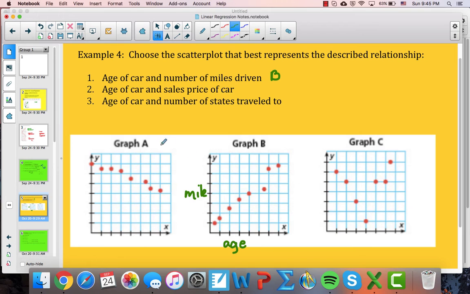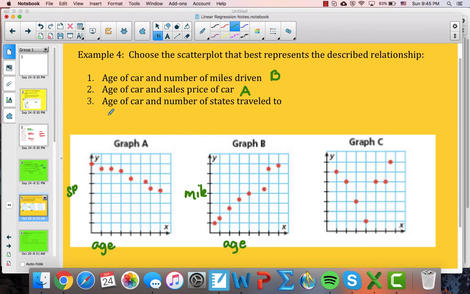All right, the age of a car and the sale price. Okay, so as the age of my car goes up, I think the sale price is going to come down. Because people don't want older cars, right? And I'll say sales price. So I picked graph A because it was a negative correlation.